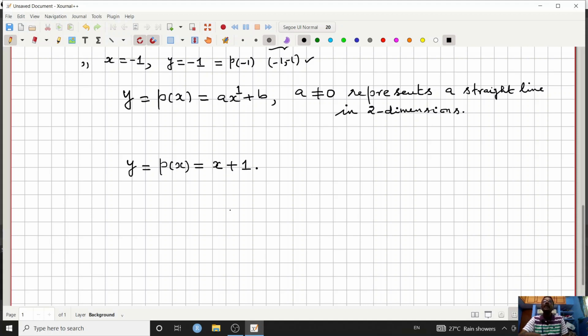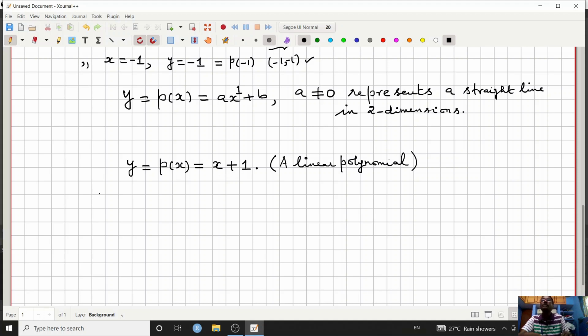So this is the polynomial. Because this is also a linear polynomial, we are going to express this polynomial diagrammatically with the graphical points.